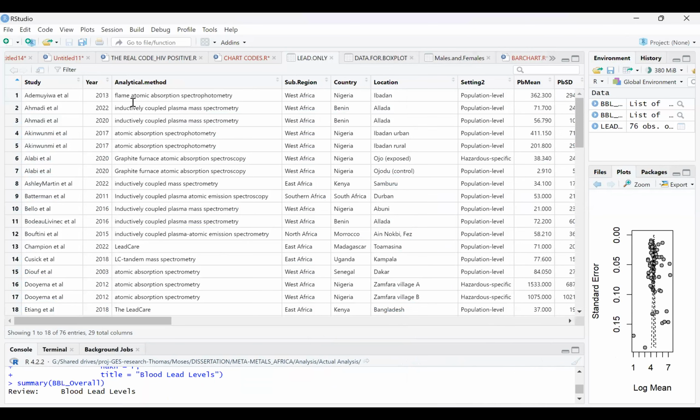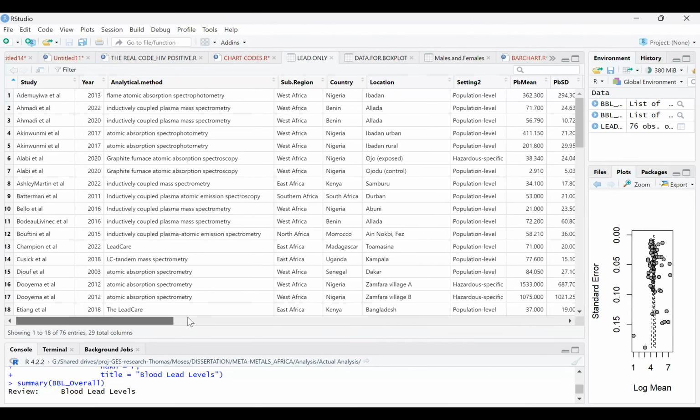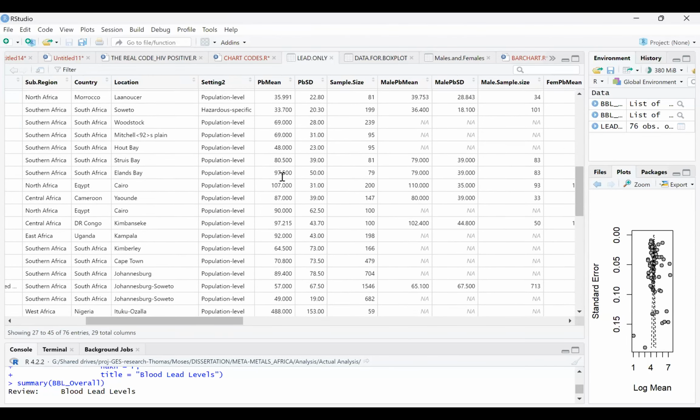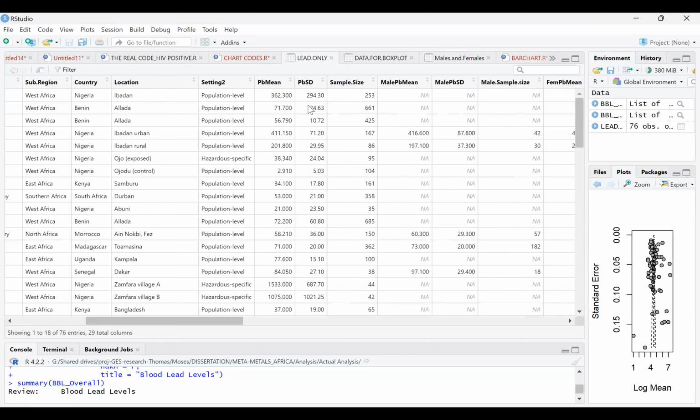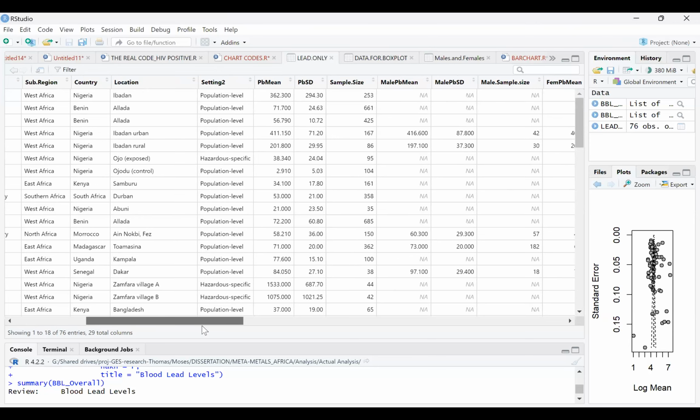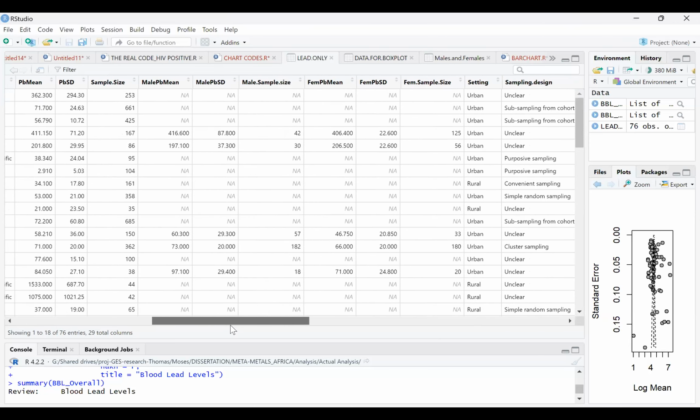You have the year of the study, the analytical method that was used, whether it's graphite furnace atomic absorption spectrometry or different techniques for analyzing lead, or the sub-region, whether it's West Africa, East Africa, the country, the location specifically, then the setting, whether the study is population level or a hazardous site, the mean of the raw studies that was reported, the standard deviation, the sample size of the study, and whether they also reported for male or female.